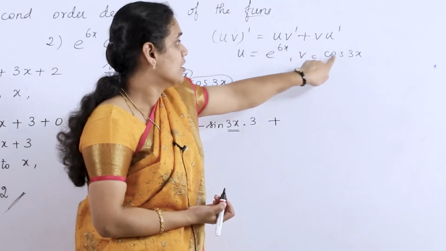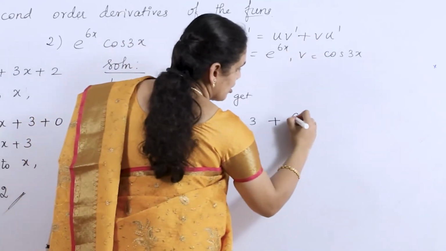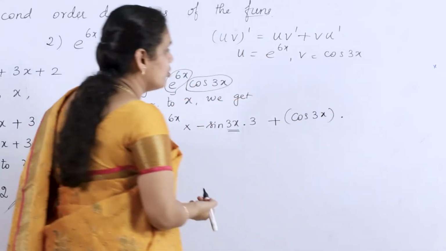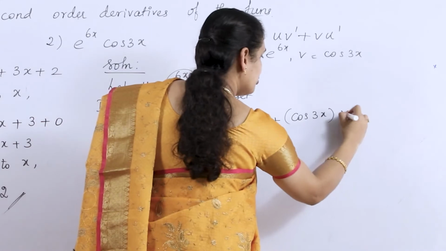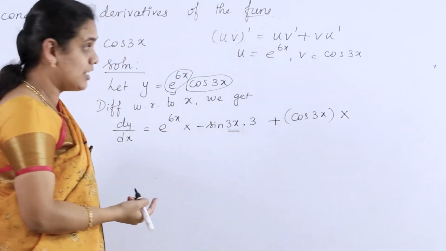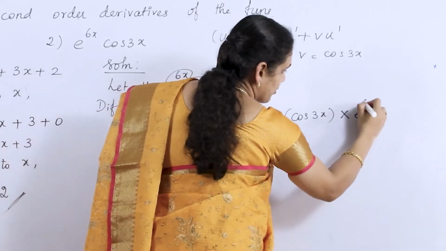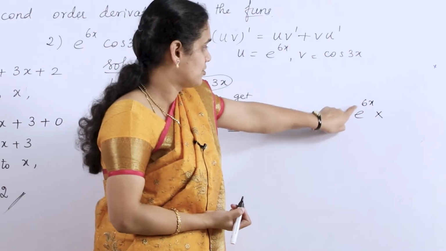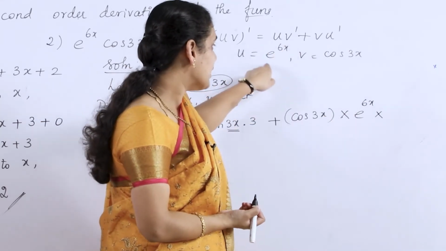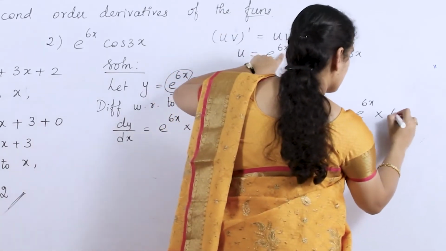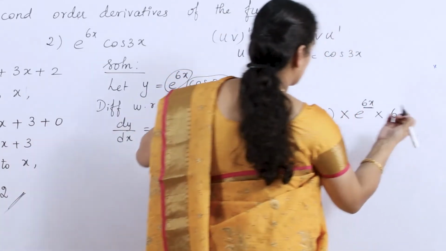So what is v? Cos 3x into u dash. U dash is, we have to differentiate this one. So e to the power x derivative is e power x. So it will be e power 6x into, then we differentiate 6x again. Chain rule. First we differentiate e to the power x, then we differentiate the power 6x. So that is 6. By differentiating 6x, we get 6 here.